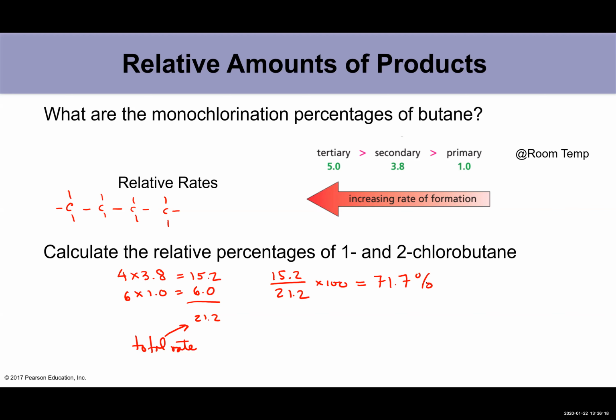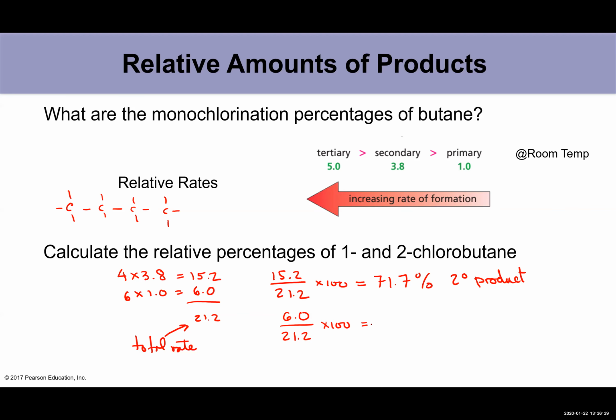And then the remainder is going to be, so this is for the secondary product. For the secondary substitution. And then for the primary substitution, it would be 6.0 over 21.2 times 100. Right. Or you could just take 100 minus 71.7.